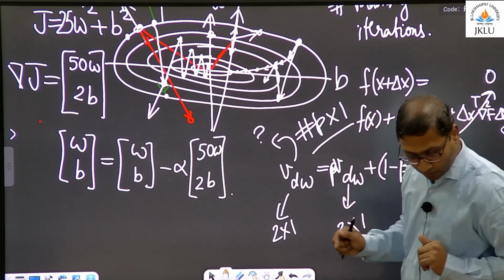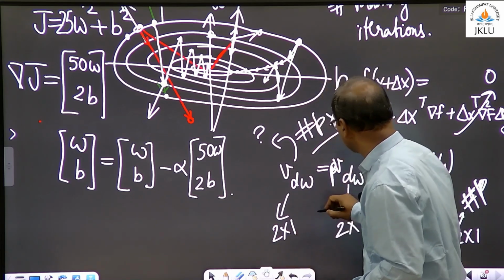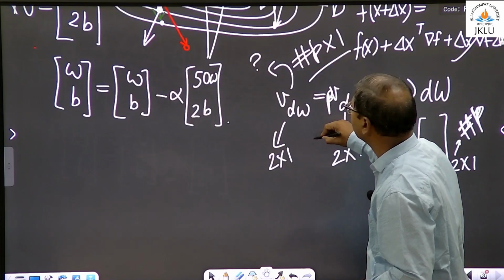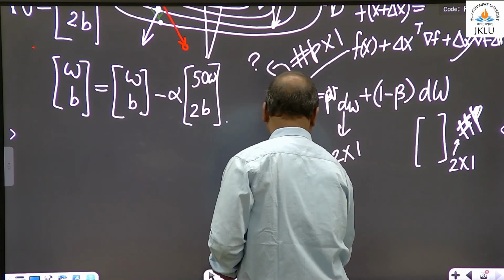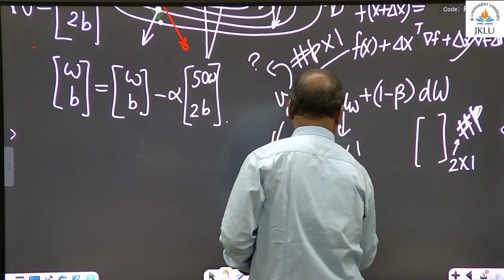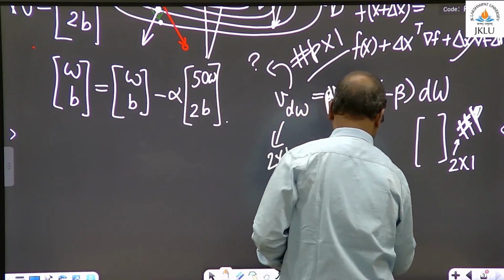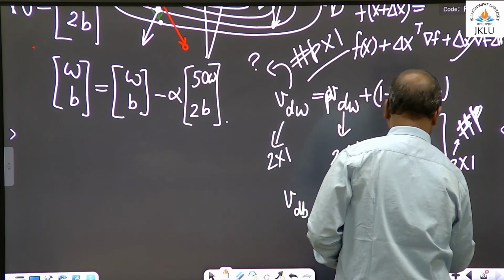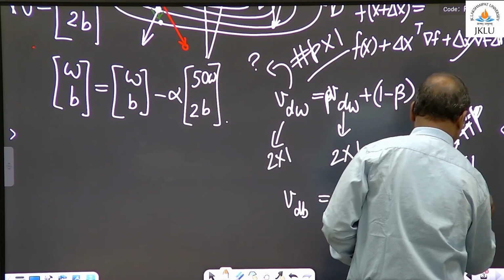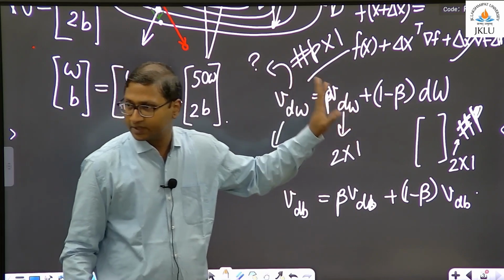Similarly, because we are always treating b differently, you can write VdB equals beta times VdB plus 1 minus beta times dB, and so on. The interpretation is the same.